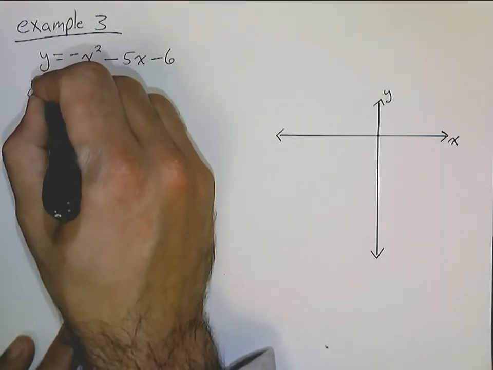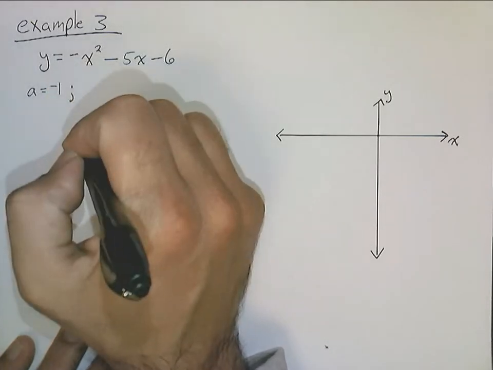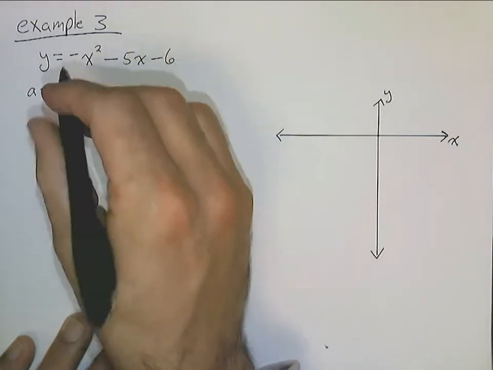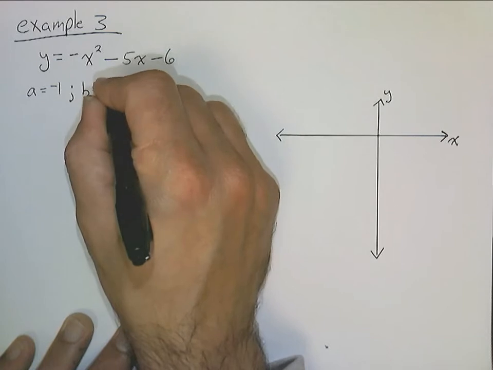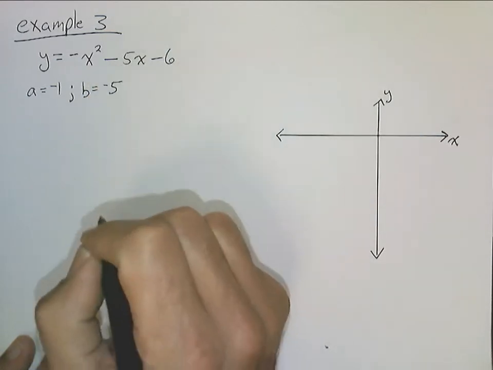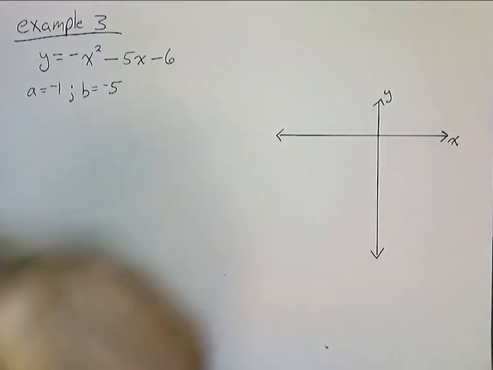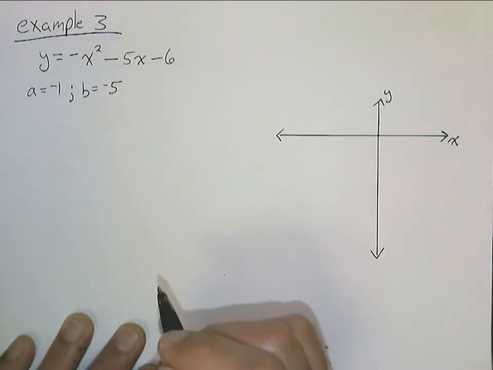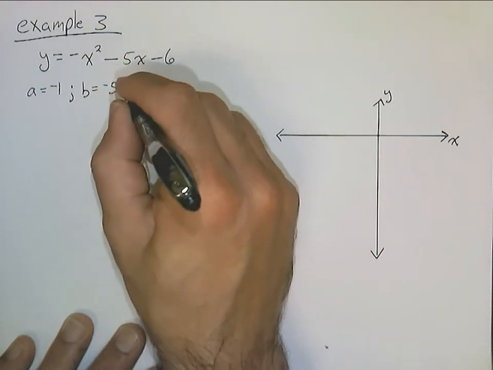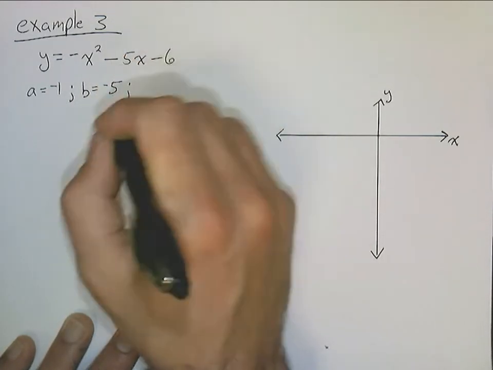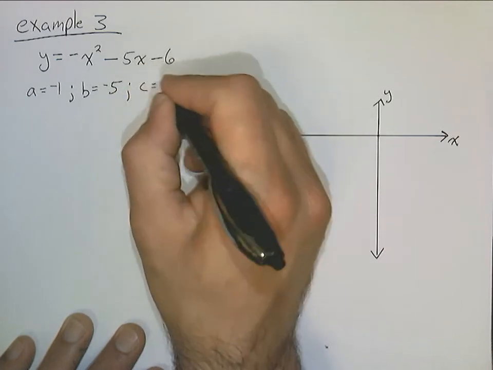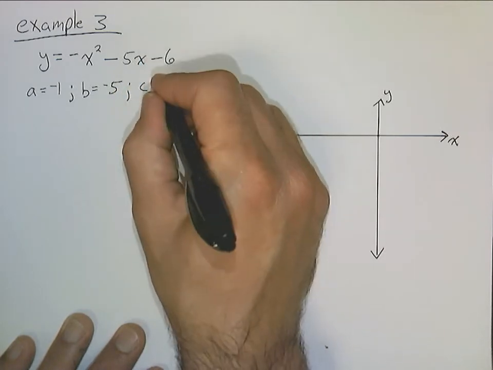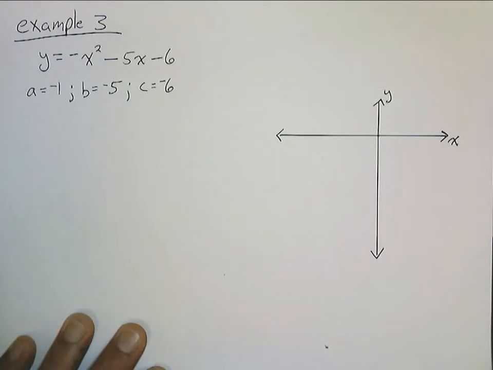So a is negative 1. We're subtracting 5x, so b is actually equal to negative 5. We could switch this to plus negative 5x if we wanted to. C, we're subtracting 6. We could switch that to plus negative 6. So c is equal to negative 6.